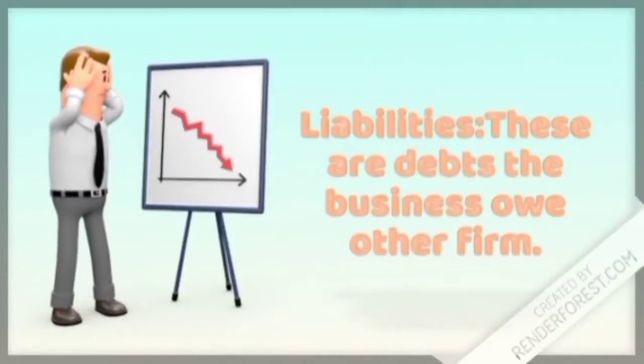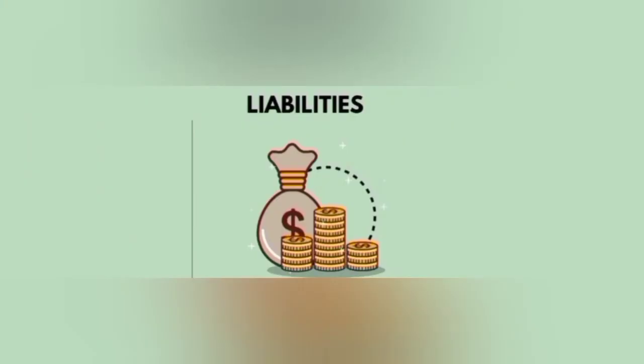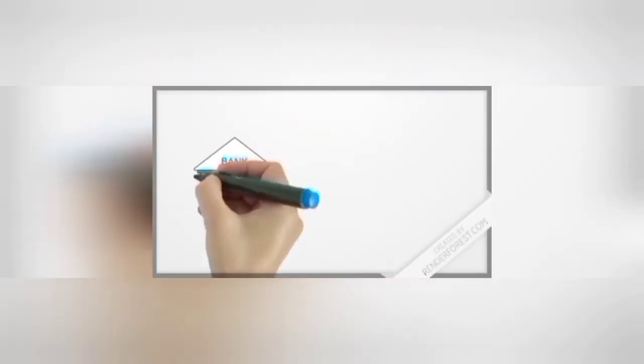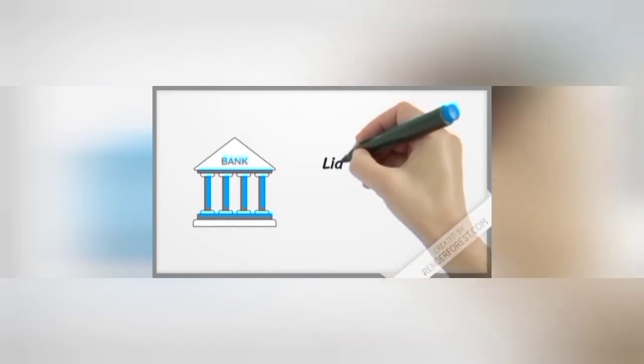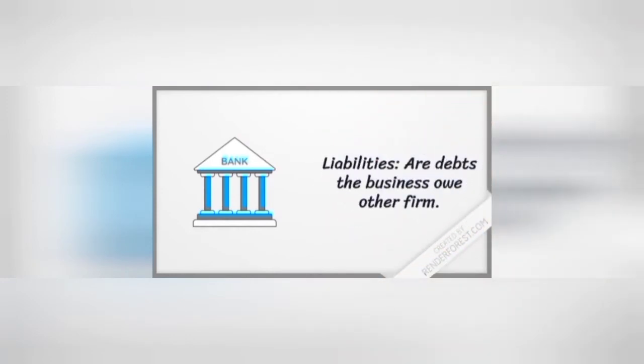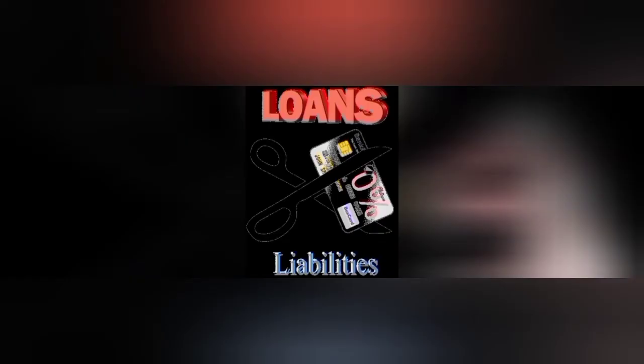And then liabilities. These are debts the organization owes other people or firms. For example, bills payable, bank overdraft, loan.